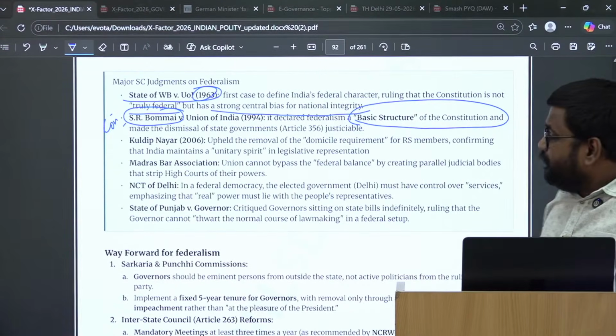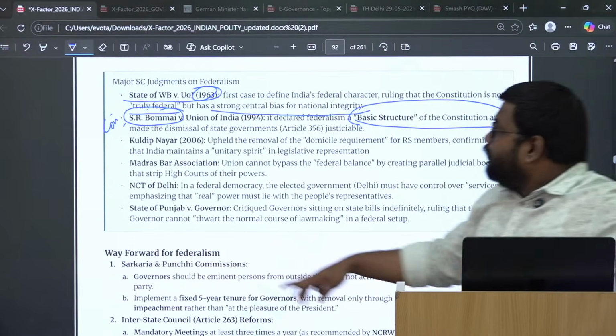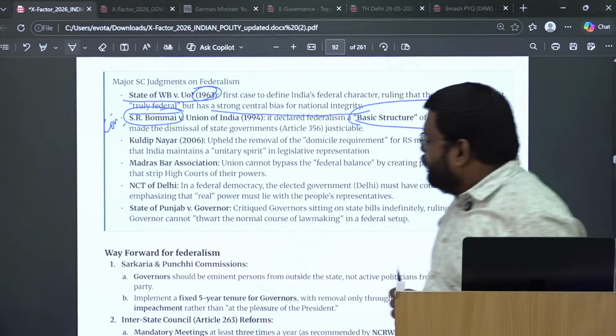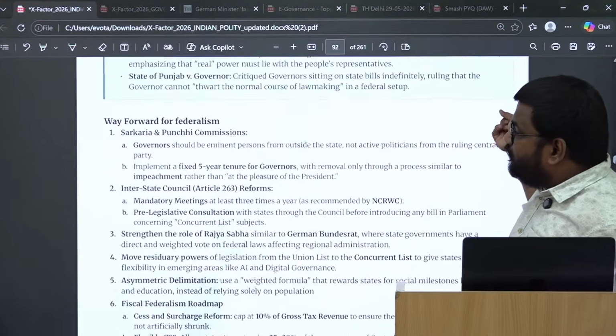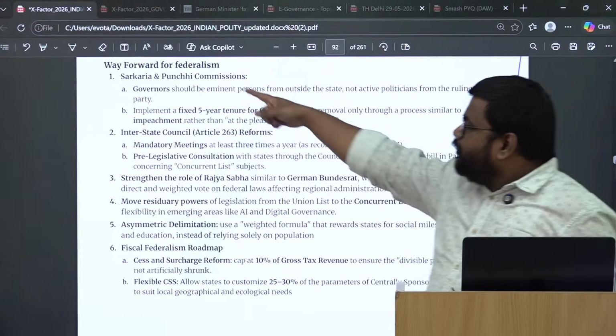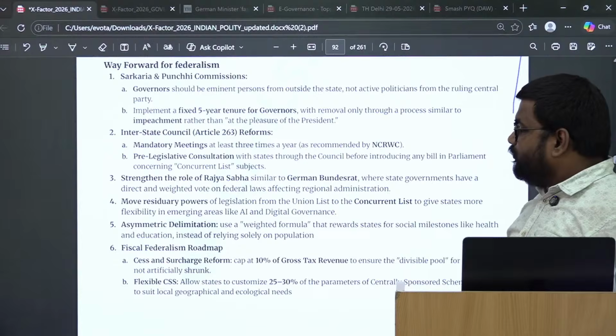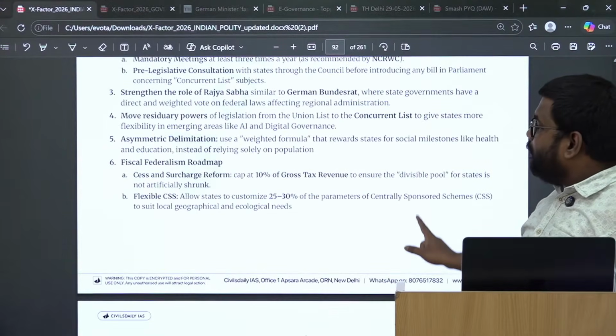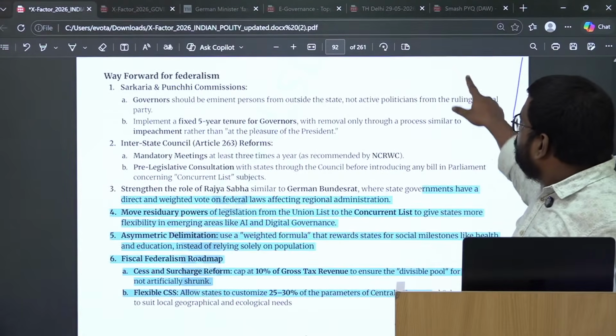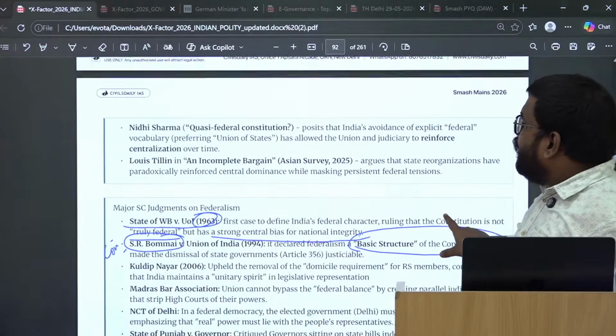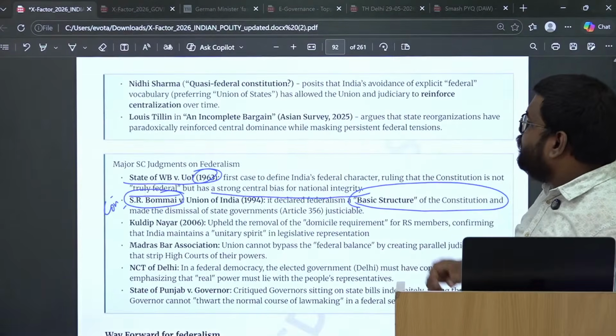ठीक है, नेक्स्ट, दिस इज वे फॉरवर्ड. अगेन हम सबको पता है कि विद रिस्पेक्ट टू द वे फॉरवर्ड वी हैव कमिटीज. सो सिंपल, कमिटी रिकमेंडेशंस इन फिजिकल फेडरलिज्म रोड मैप. एंड यहाँ पे इफ यू वांट, जो मैंने स्कॉलर व्यू दिए हैं वहां में से एक आप दे सकते हो.